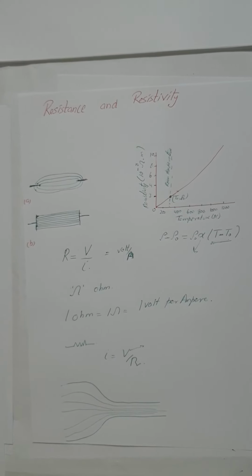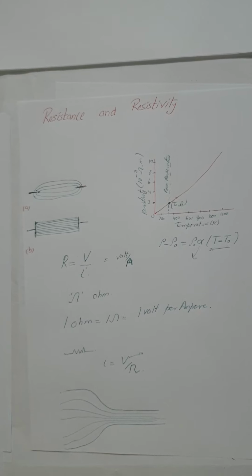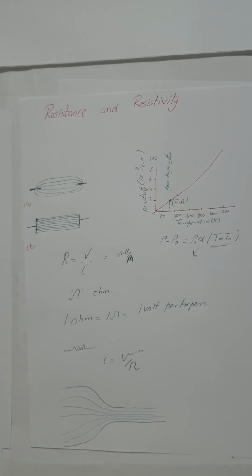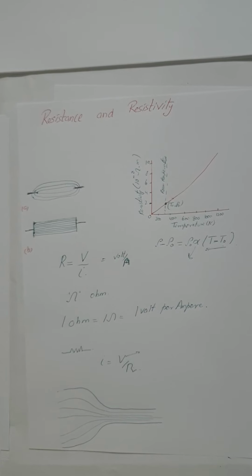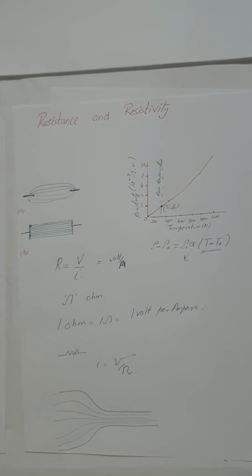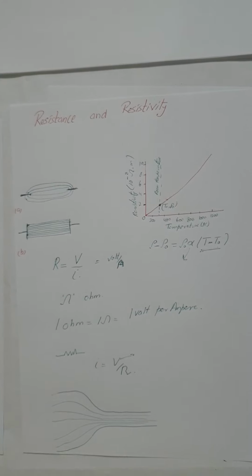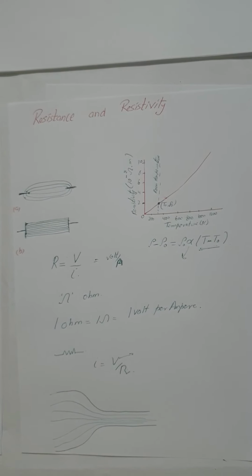Some other conducting devices might have resistances that change with the potential difference. So how will we distinguish such devices?